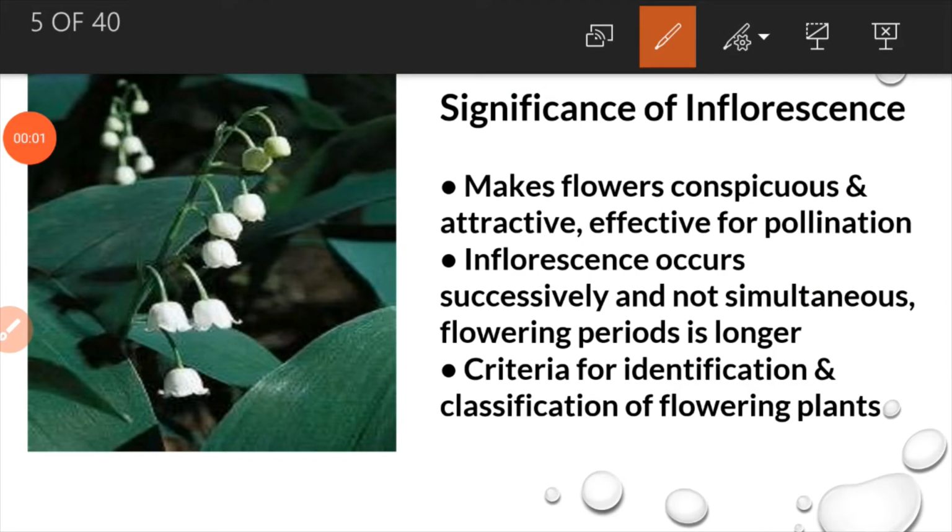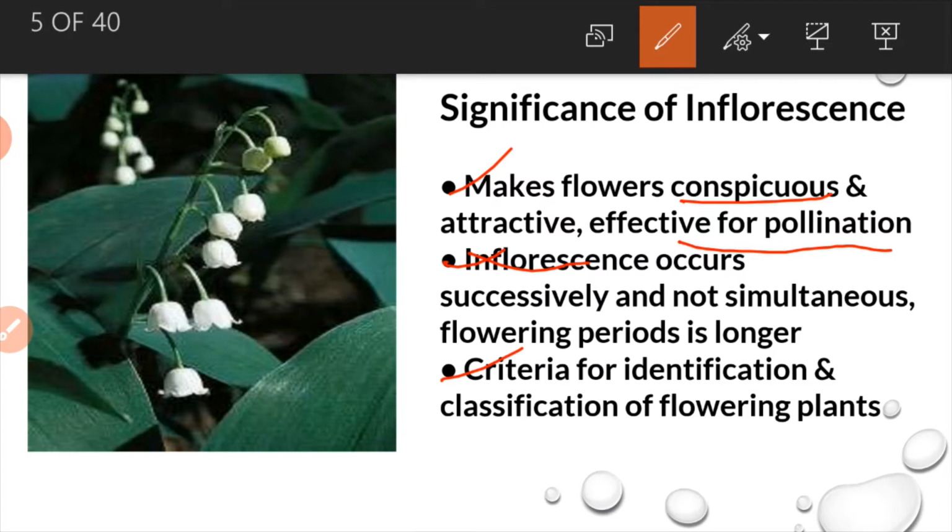Now we will study significance of inflorescence. Inflorescence makes the flowers conspicuous. That means they are clearly visible and attractive because they occur in groups, and it becomes effective for pollination. Inflorescence occurs successively. That means the flowers come one after the other and as a result the flowering period is longer, and also inflorescence helps for identification and classification of the flowering plants.